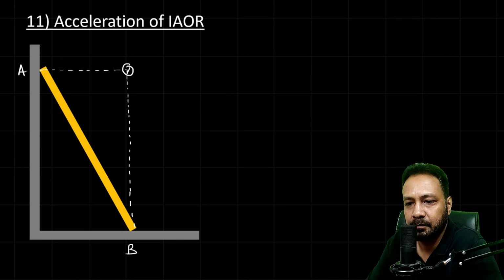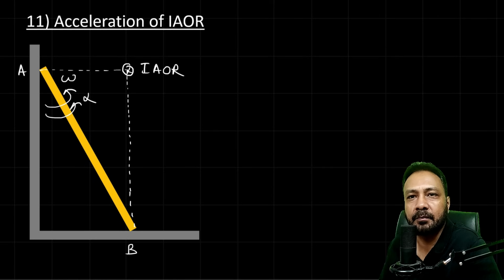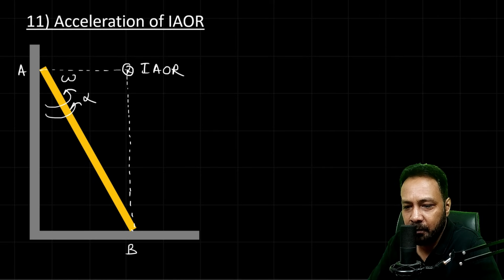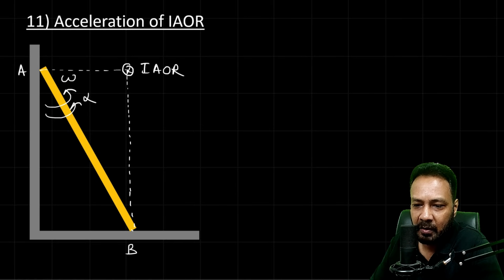So here that is IAOR, and the rod is rotating like this. It has an omega, it has an alpha. So from the B, the sense is like this. So from here omega would be like this and alpha would be like this.